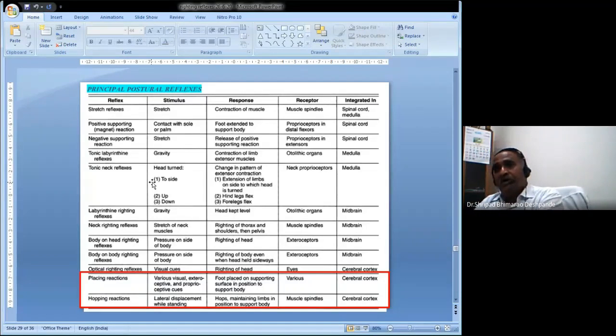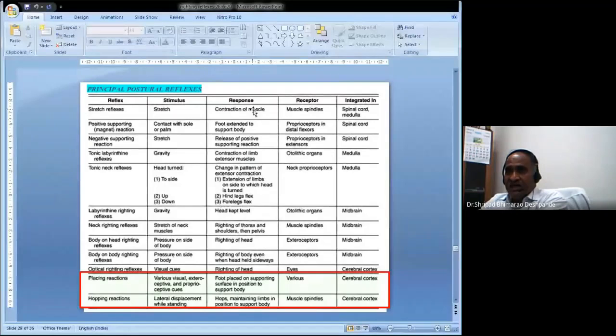So now, having said that, I have mentioned all of them here. You can just see the one thing common is the midbrain is the center. Then another thing, the receptors. I mentioned categorically the receptors for each one of them, especially the neck righting reflexes and all those things are proprioceptors, and the labyrinthine, it is the vestibular system, the saccule, otolith organs, and the eyes are the system.